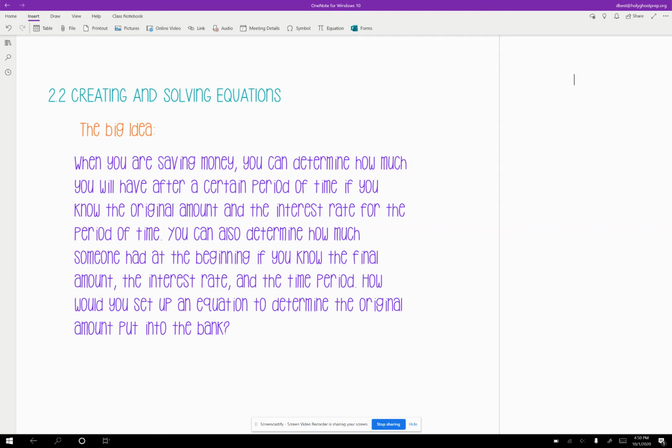You can also determine how much someone had at the beginning if you know the final amount, the interest rate, and the time period. And think about how all those things factor into setting up an equation to determine how much money you would put in the bank, right? So we're thinking about how we can work backwards to figure out the original amount or use the original amount to determine our final amount. And that's, again, all about writing these equations.